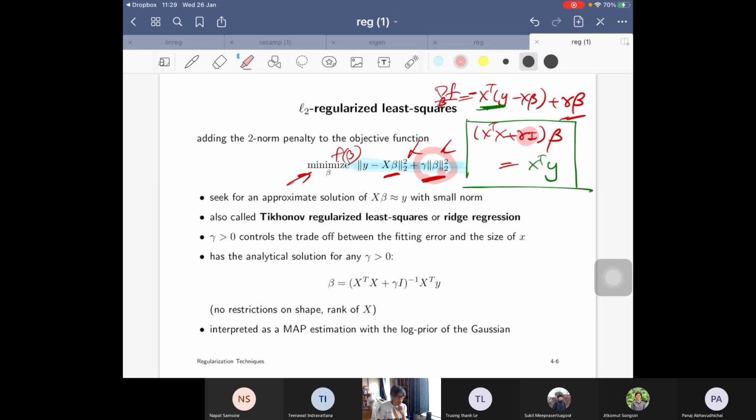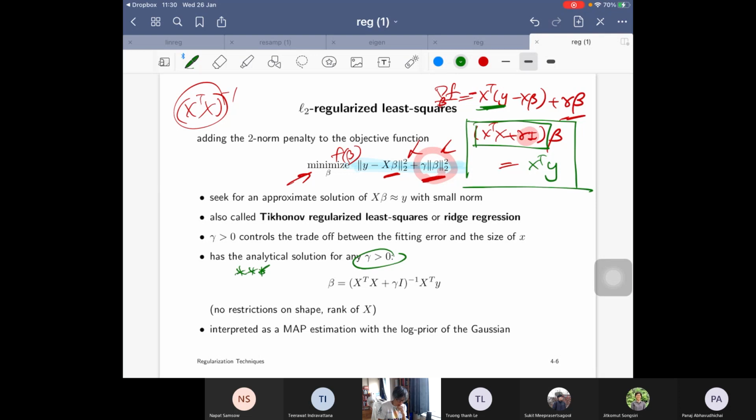A good thing about having this L2 regularization is that, unlike the least squares, where you need to rely on the invertibility of x transpose x, mathematically this matrix is always invertible as long as gamma is positive. This is one fact.